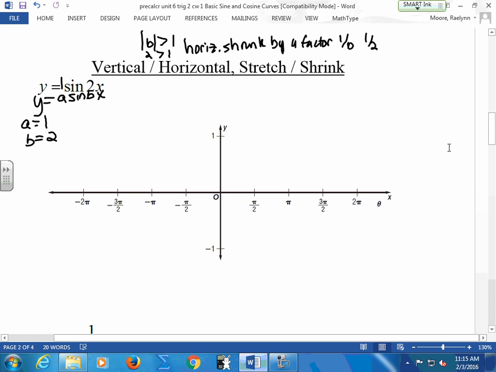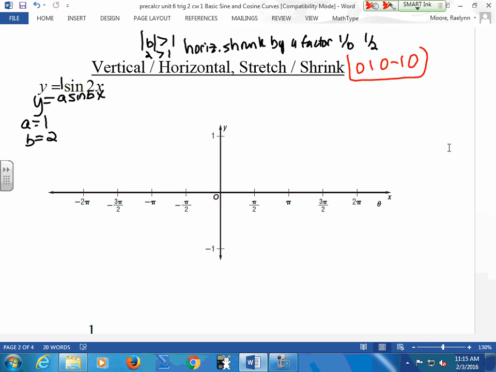So now, let's put our basic sine curve here for a second, in dotted lines, like little shaded. We followed your pattern. It went 0, 1, 0, -1, 0. I want you to write this down. This is the pattern. This is going around your unit circle. Go back to your sine curve. Didn't we find that pattern? Okay.